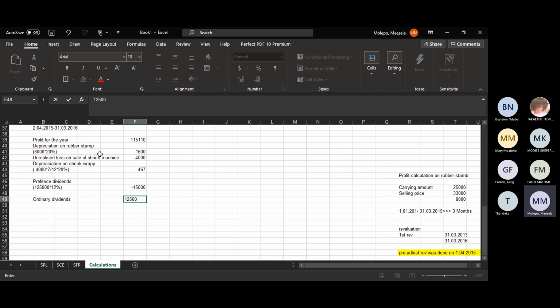So we record the 12,500 as minus. Let me put the brackets, because if I use the minus, it's going to want me to use another cell.